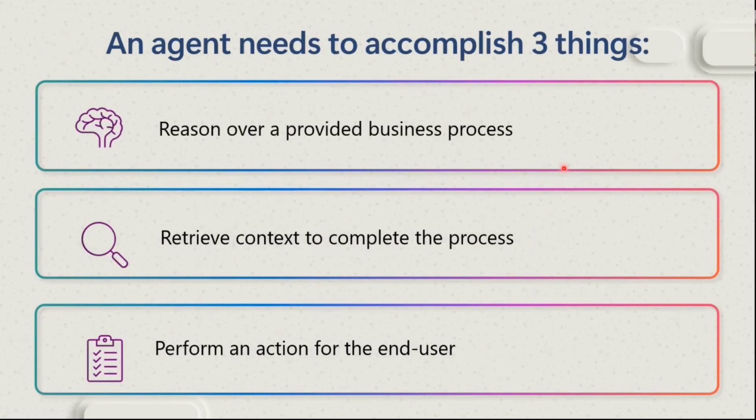The agent here needs to accomplish three things. One, it needs to reason over a provided business process. It needs to retrieve context to complete the process, and perform an action for the end user. For example, I will ask, what is the weather like in New York? Or, not even weather, I say, is it hot there in New York now?